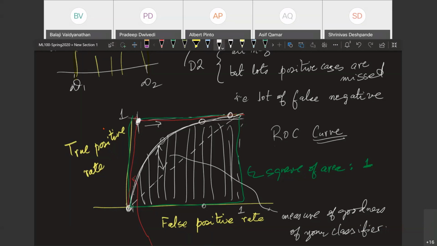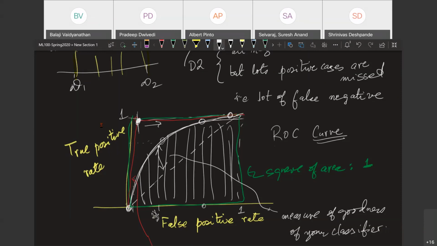You will have to determine how much false positive rate you can tolerate. Let's say that you can tolerate only a 20% false positive rate, then your precision goes down, but your recall, true positive over positive cases, also goes down because you are missing out on positive cases, right? Okay. So that is the trade-off between precision and recall.